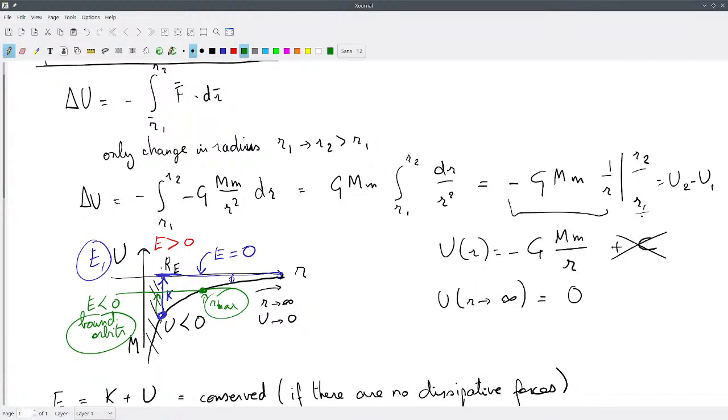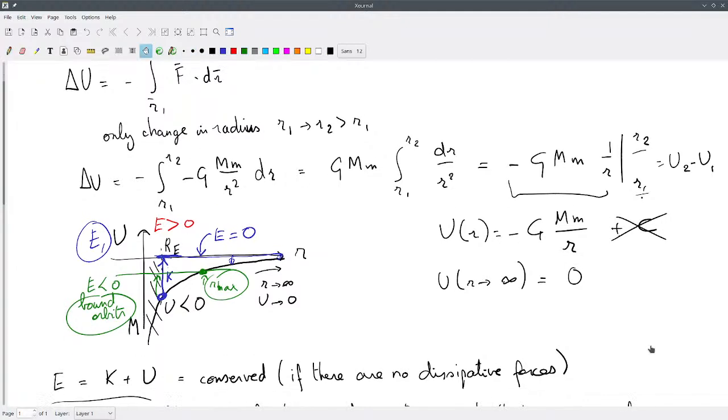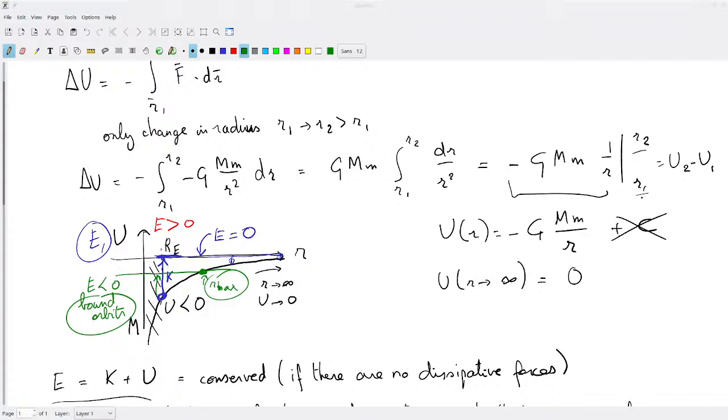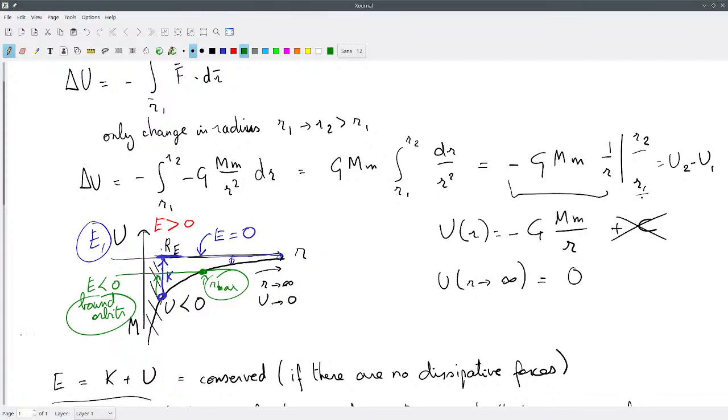Bound orbits will have an energy that is less than the sum of kinetic and potential energy that you would need to escape the gravitational pull. And of course, the counterpoint to that is if the energy is positive, if the energy is greater than what we would need for simply escape velocity, then we can escape the gravitational pull.